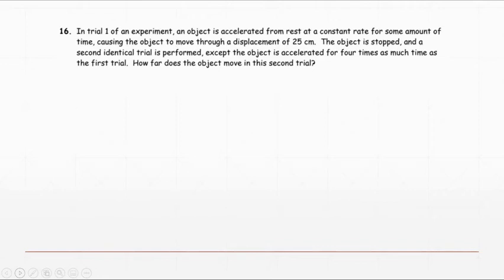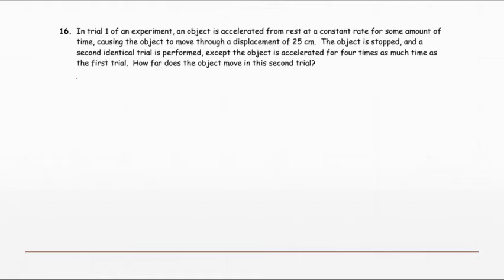Going to the next question. In a trial of an experiment, an object is accelerated at a constant rate for some amount of time, causing the object to move through a displacement of 25 centimeters. The object is stopped and a second identical trial is performed, except the object is accelerated for 4 times as much time.